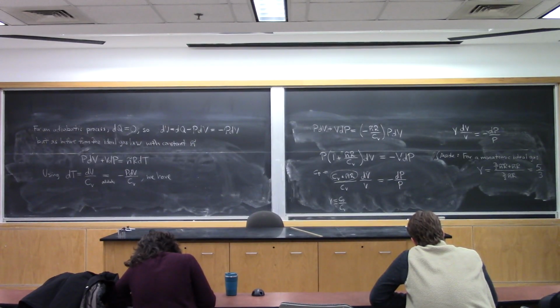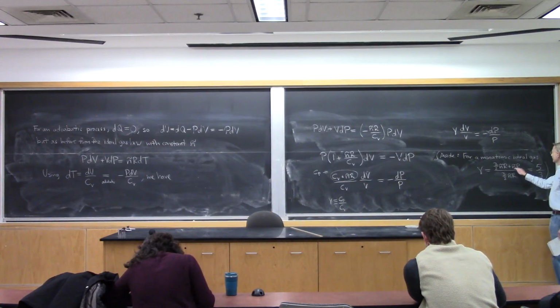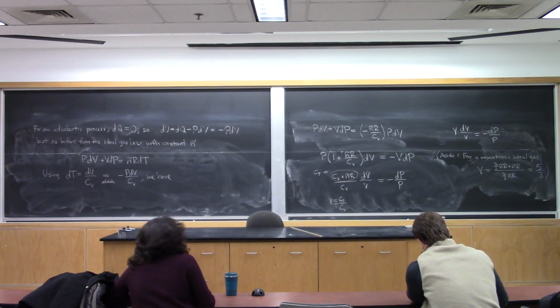That'll be something to keep in mind. We run into monatomic ideal gases not infrequently in astrophysics. Gamma, that ratio of specific heats, will be 5/3 because 3/2 plus 1 is 5/2 n r, so it would be 5/2 over 3/2, which is 5/3.